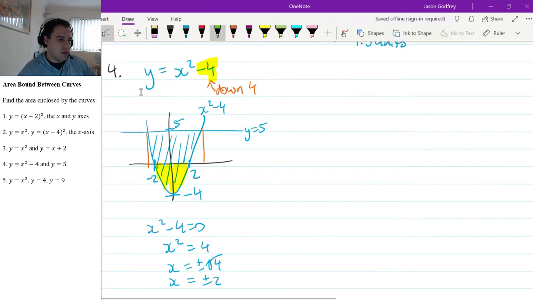And then you could subtract away the area from here to here, and from here to here, under the curve of x squared minus 4.